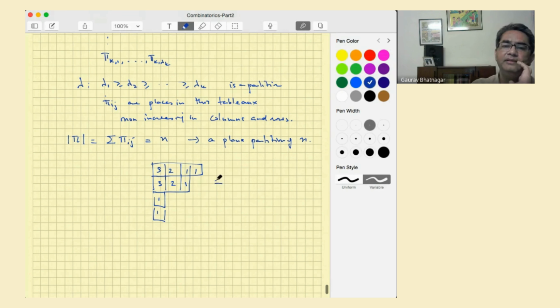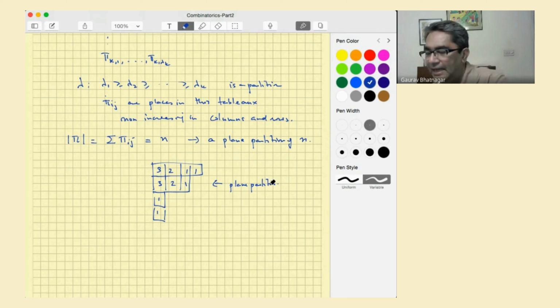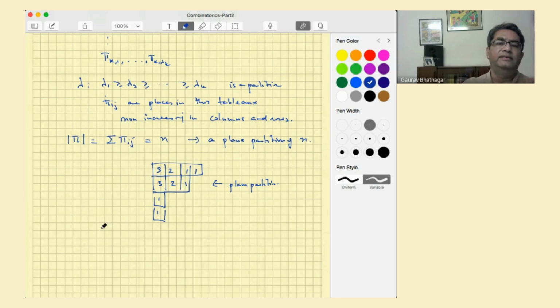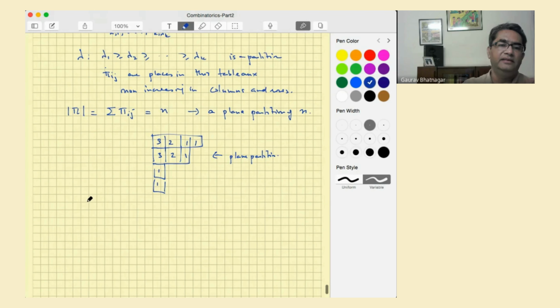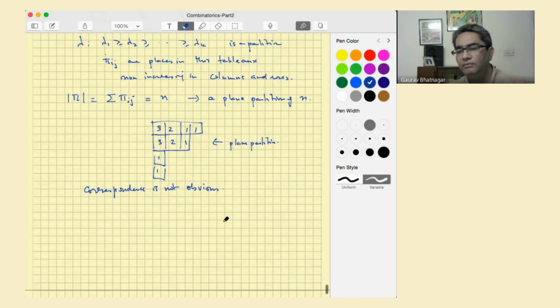That's a plane partition. And it's not obvious. The correspondence is not obvious. I mean, one has to work hard on it, so I'm not going to do that.